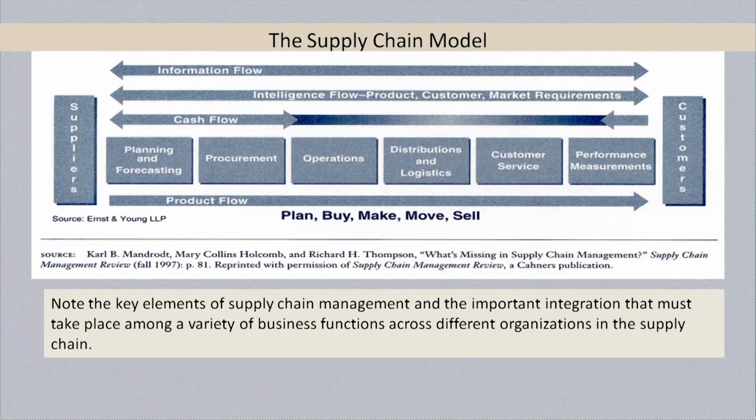Now, information flows up and down this supply chain, because information is generated when the product services go forward from the source to the customer. Information will be generated at every stage, and information also will be generated from the customer end, which will have to flow back to provide the feedback to the supply system.